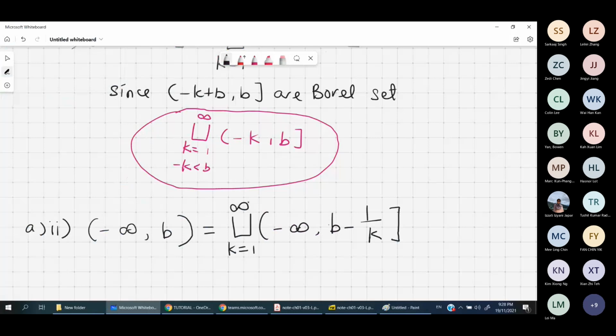When 1 over K goes to infinity, it will be closer to B minus 0, but never reach B. So this is equal to here. So again, this one is a Borel set, same argument, because this is a Borel set.